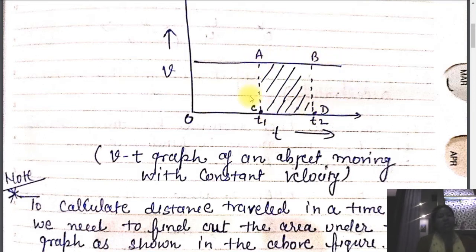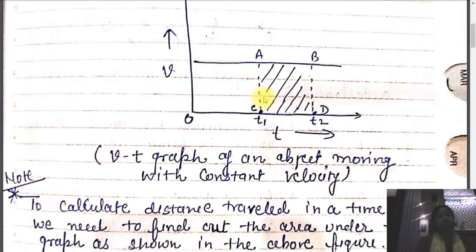Now in the next step, we have to know what is the shape of the area enclosed under the graph. As we can see from the figure, if we enclose this much of the area for the particular interval of time t1 and t2, the shape of the area enclosed under the graph is a rectangle.